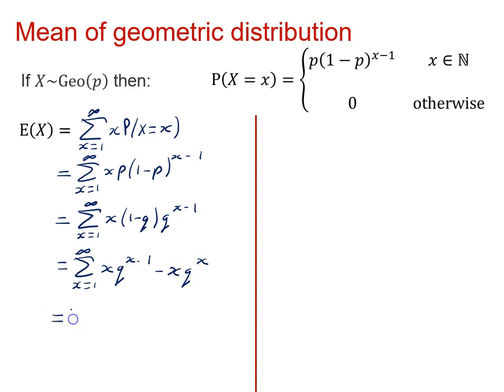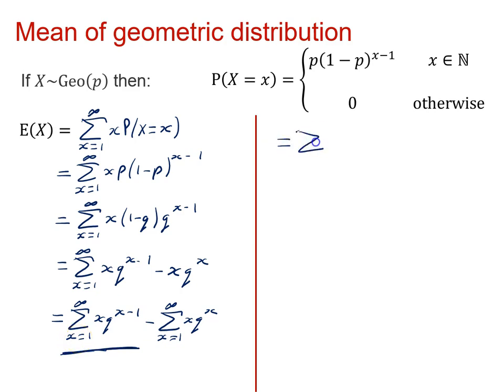We can then split apart this sum so that we are subtracting this other sum. So what I need to do now is, for this first sum, I'm going to shift the index being this x here.